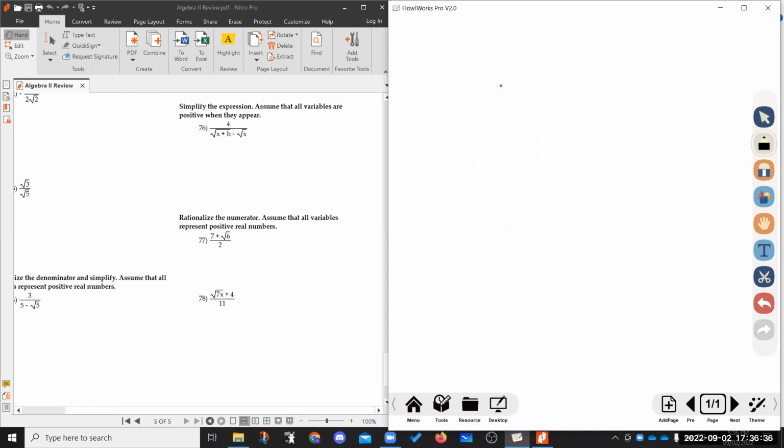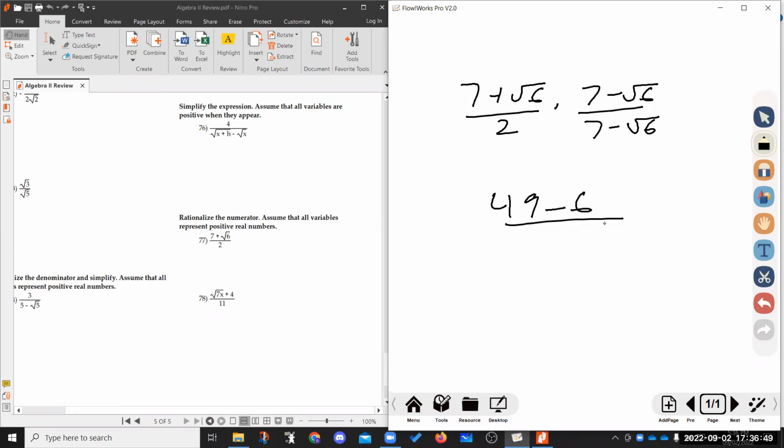Rationalize the numerator now. 7 plus √6 over 2. So we're going to have to multiply by its conjugate, 7 minus √6 over 7 minus √6. It's going to be 49 minus 6 over 2 times 7 minus √6. I'd leave it factored. It's going to give me 43 over 2 times 7 minus √6.